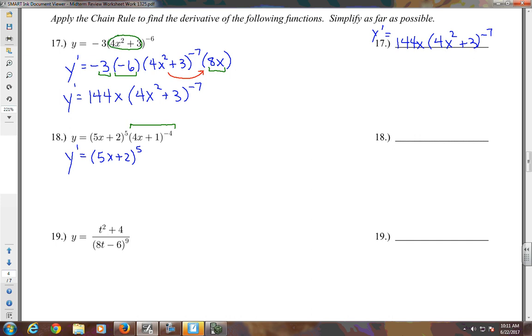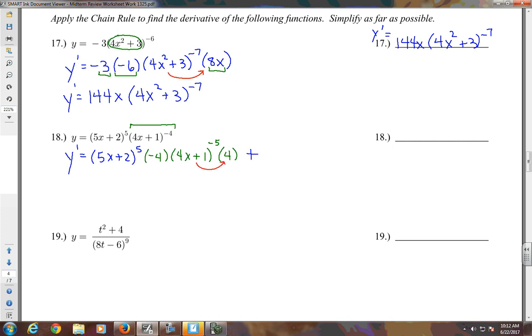So we bring our power, negative 4, down in front. We keep the base the same on this step. Don't be tempted to differentiate right there. Be patient and wait for it. And then decrease the exponent by 1. Now we're not quite finished. Now we're ready to find the derivative of that base, which is 4. So there's the chain rule part in this problem.